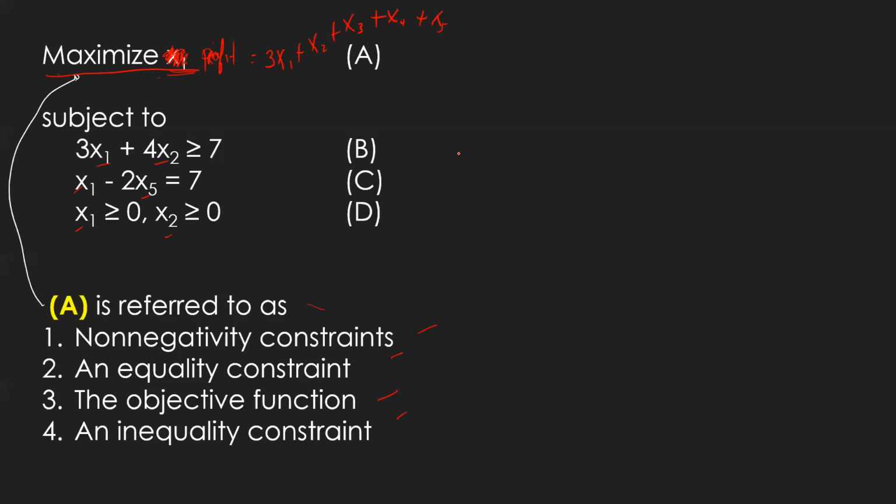Okay, so parang pag sinabi nating objective function, ito yung goal mo, di ba? Ano yung gusto mong ma-achieve? To achieve. So, if you're looking to maximize, di ba maximize is your goal?